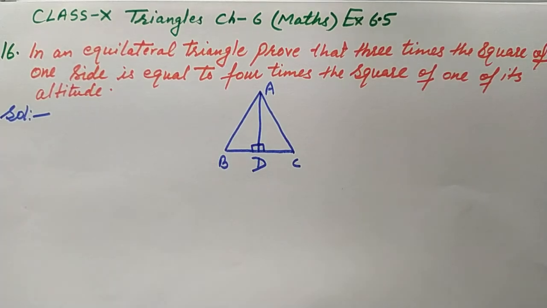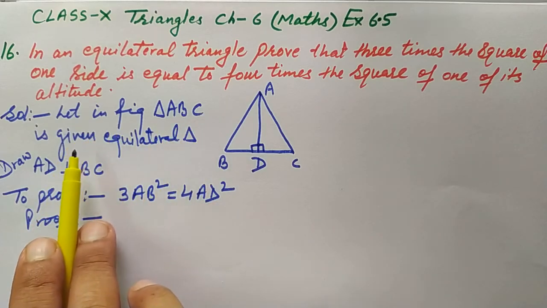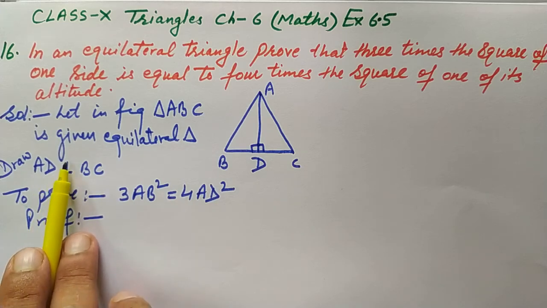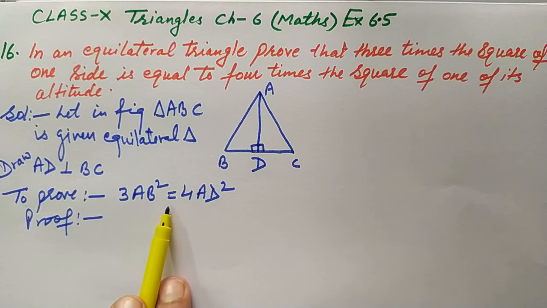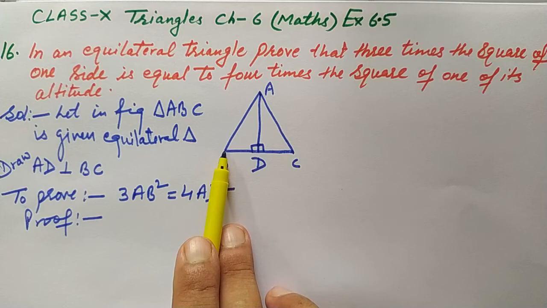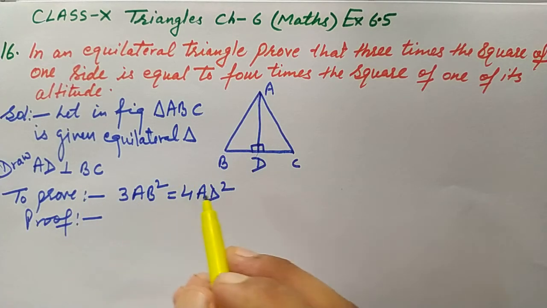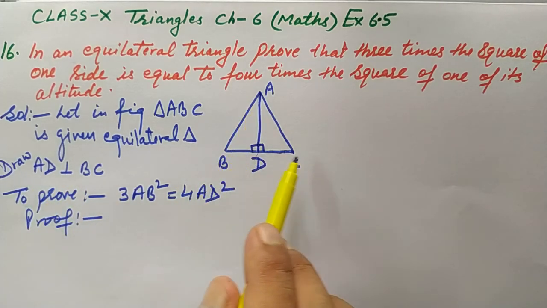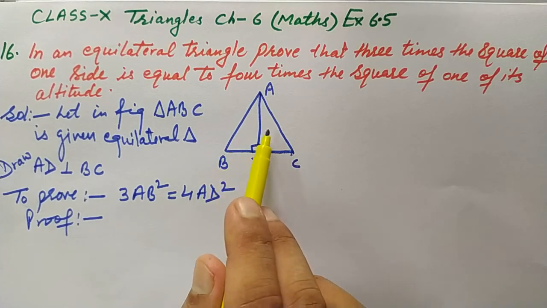So first of all, we'll write given. Let in the figure triangle ABC be an equilateral triangle, and we have to draw AD perpendicular to BC. Now what is to be proved? That 3AB square is equal to 4AD square. 3 times the square of one of its sides is equal to 4 times the square of its altitude, we have to prove here. So I tell you again, if AD is perpendicular to BC, then BD and DC will be half of BC, because this is median also.